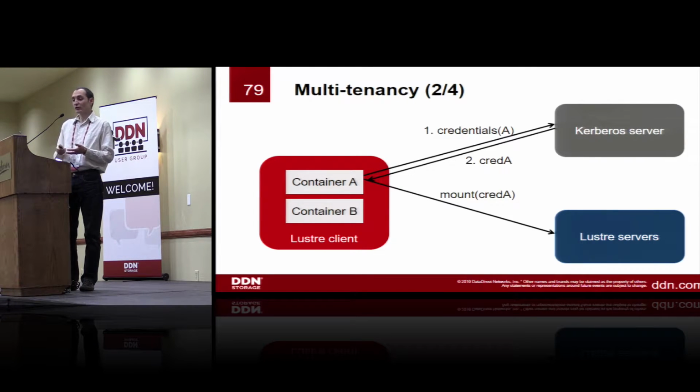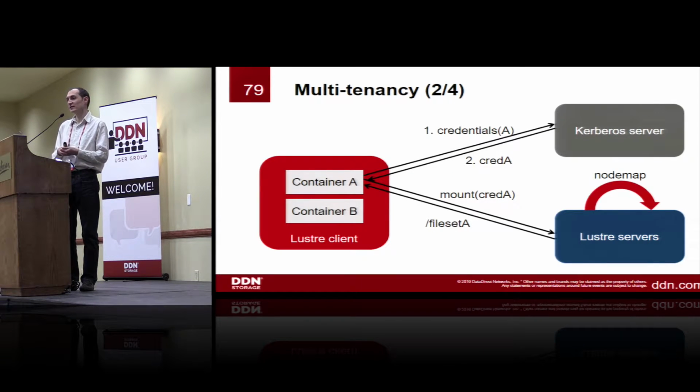Here is how it works. As in any Kerberized environment, the Lustre client that mounts from a container or a VM first needs to connect to a Kerberos server in order to retrieve its credentials. Those credentials will be presented to the servers when mounting Lustre, so that the servers make sure of the client's identity. Then on the MDS side, we will look for the Lustre client identity in the node map in order to fetch the associated file set, in Lustre lingo, which is the subdirectory.